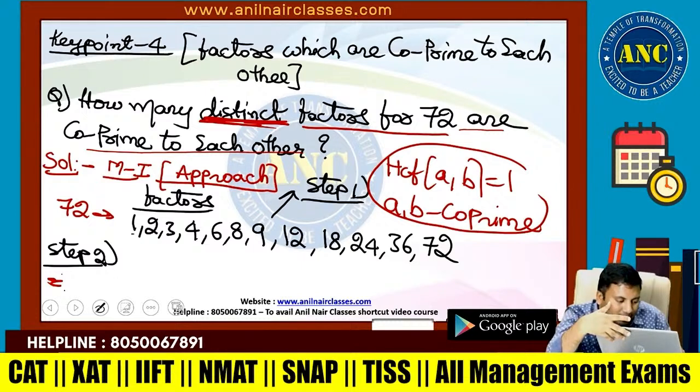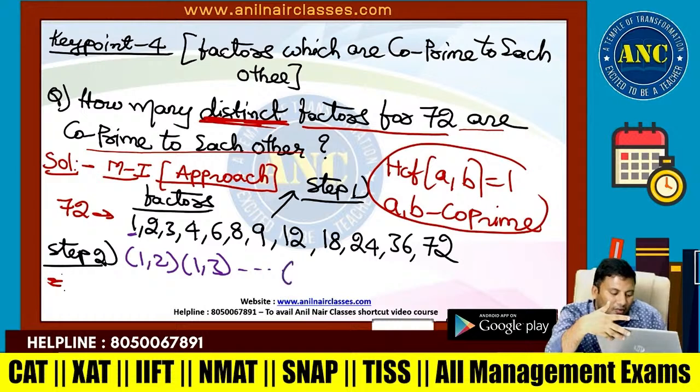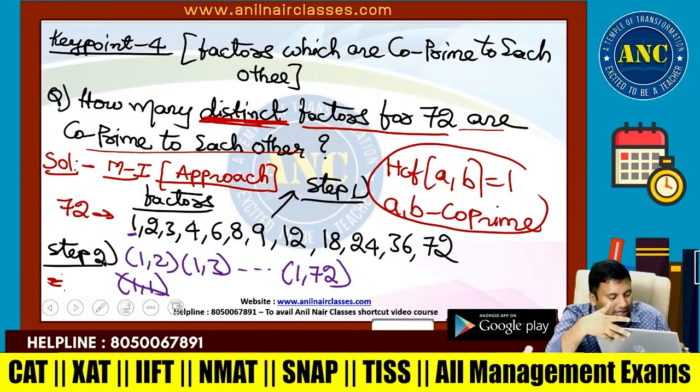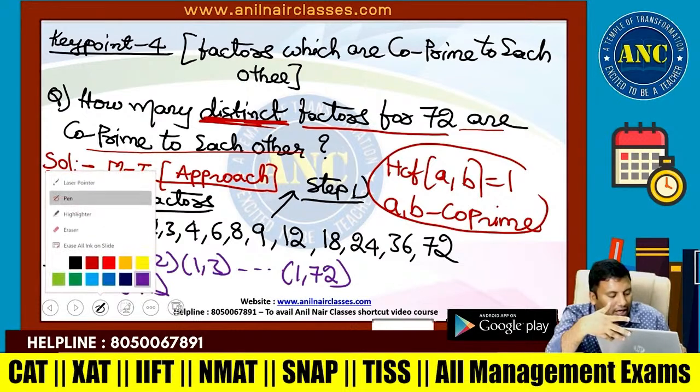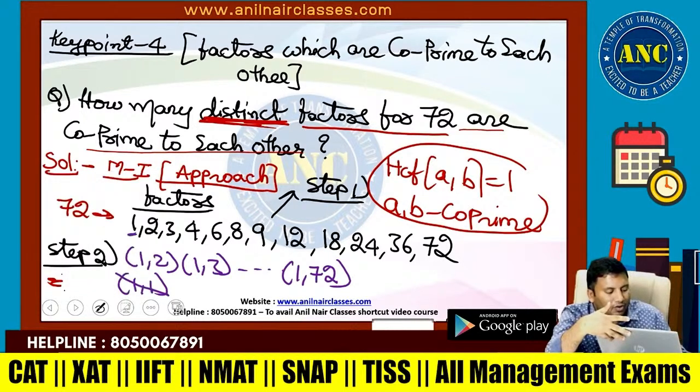Now if you observe, 1 is co-prime with 2, 1 is co-prime with 3, 1 is co-prime with 72. 1 comma 1 cannot be taken, because the question says distinct.